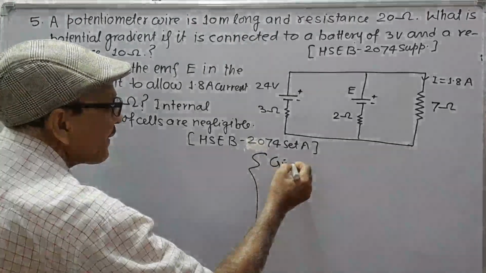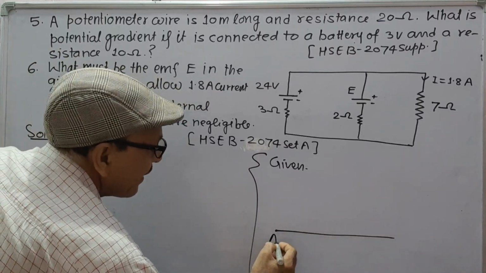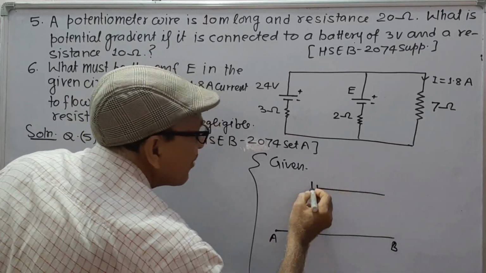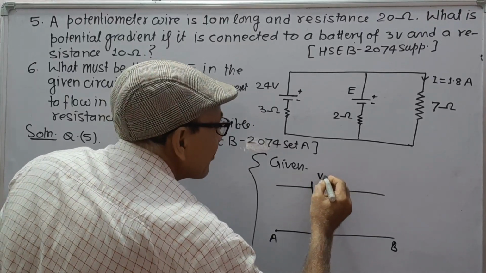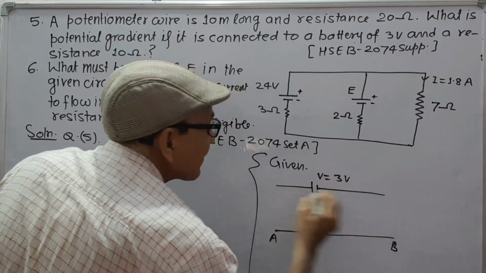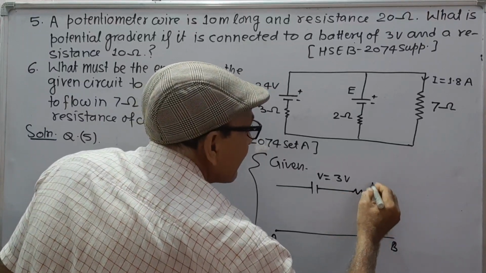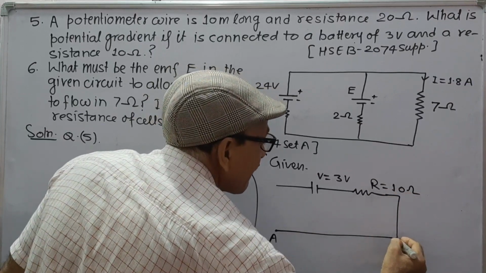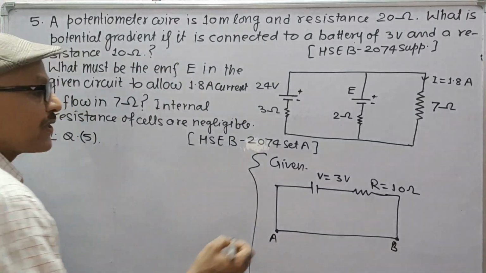Given, suppose this is potentiometer wire AB, this is accumulator E equal to 3 volt, a resistance of 10 ohm is connected. Then we have to find the potential gradient.